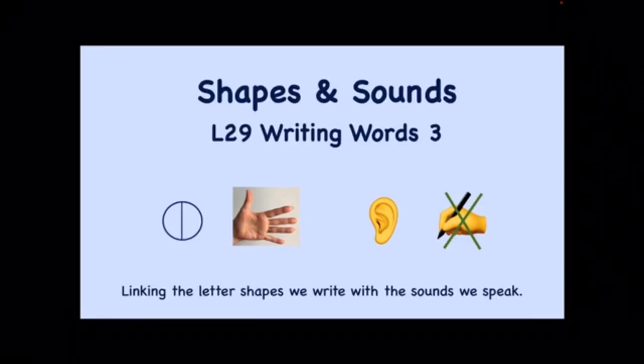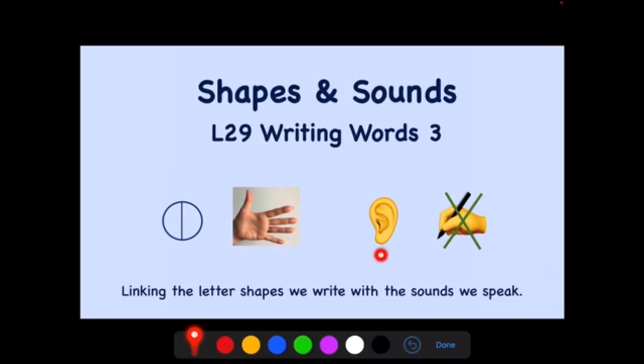Hello again, and welcome to Lesson 29's Writing Words 3, where we will be thinking about different ways of writing vowel sounds, but we will also be thinking about words where we hear sounds, but we don't write the letters we would expect to write.